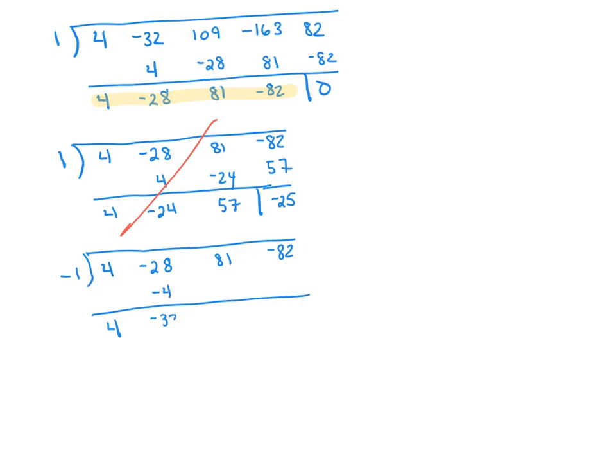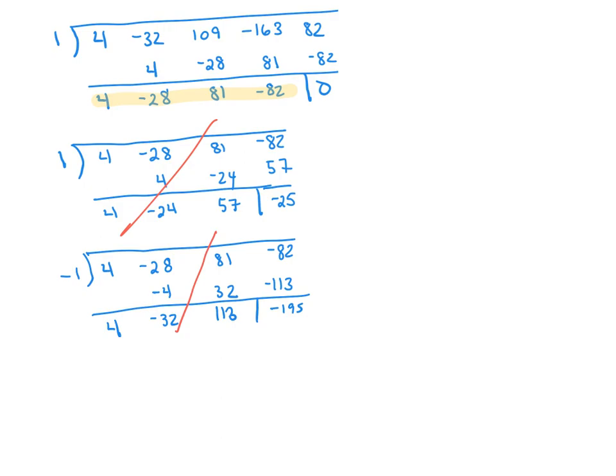It gives us negative 32, which gives us positive 32, and 81 plus 32 is 113. And that's definitely not going to be 0. That's going to give us negative 195. So that doesn't work either.